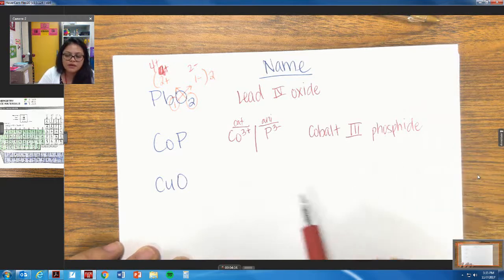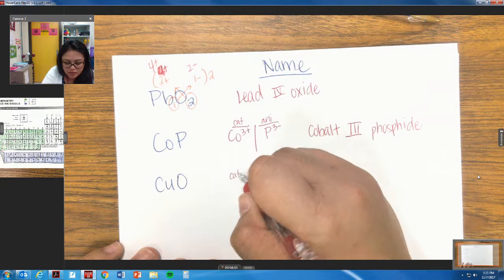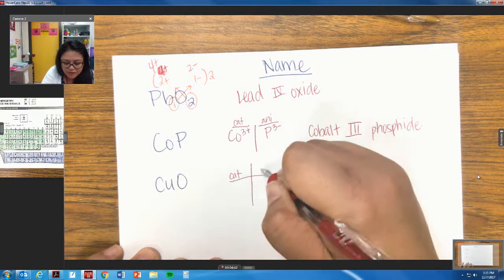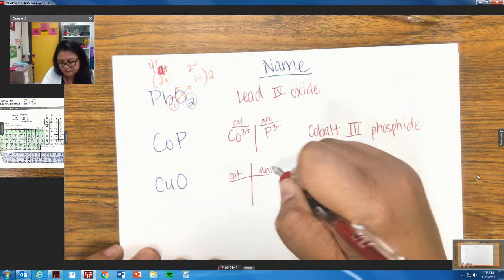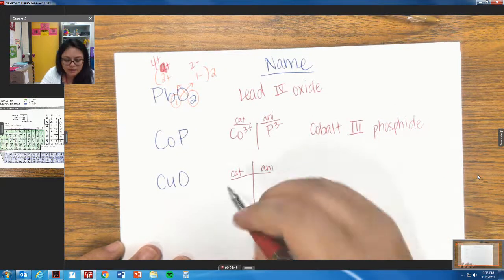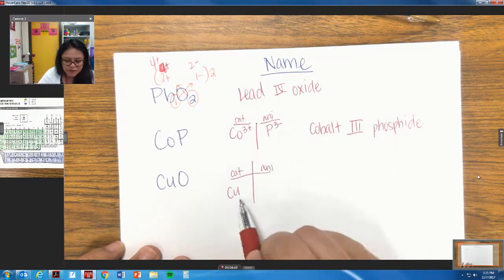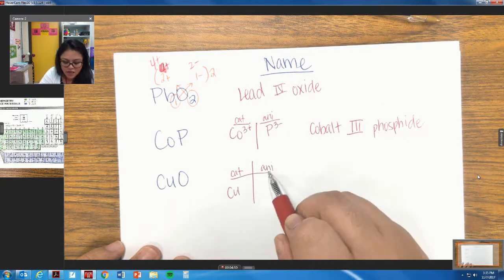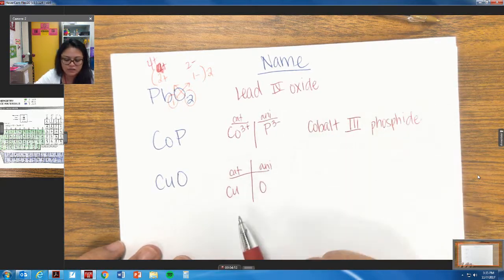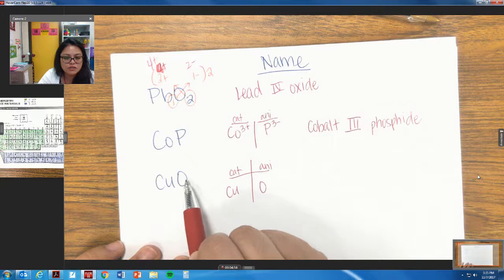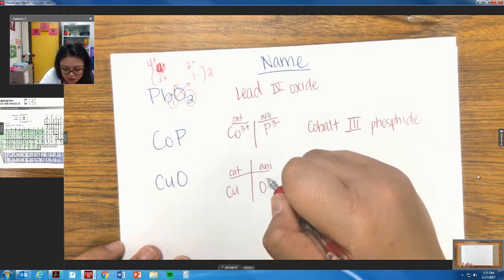Okay, so let's go ahead and try this method one more time. We're going to write our cation and our anion. Our cation is Cu, and we don't know the charge, so our anion is oxygen. How many oxygens do we have? We only have 1. So what's the charge for oxygen?